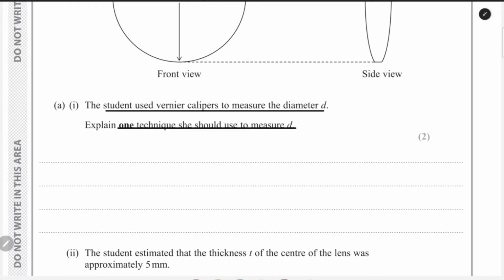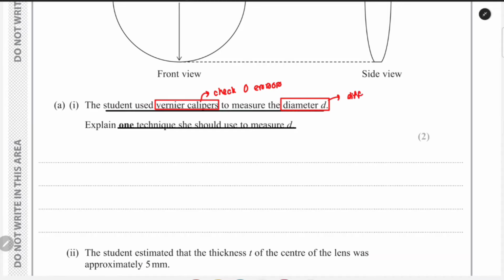Now when we are talking about diameters, one of the most common techniques would be to check in different orientations, and a common method for vernier calipers and micrometer screw gauges would be to check zero error. And for diameter, a common point would be different orientations. You could talk about any one of them.